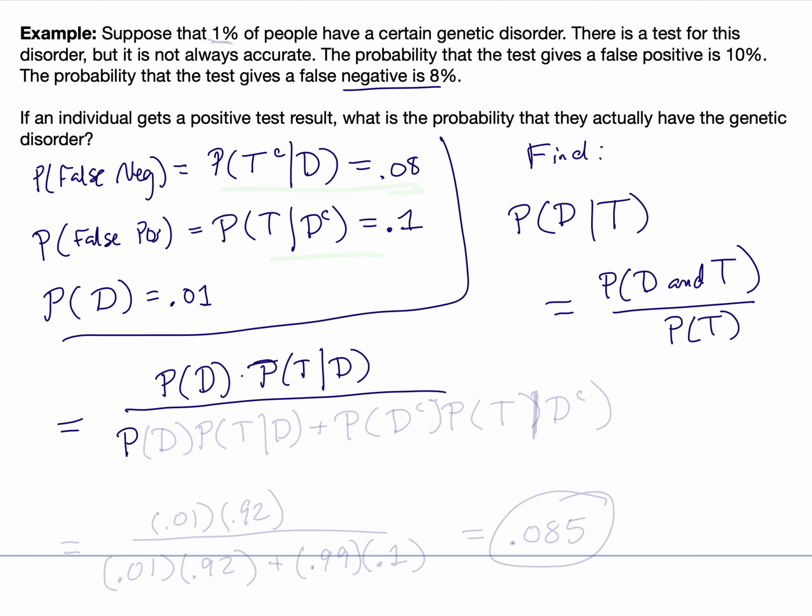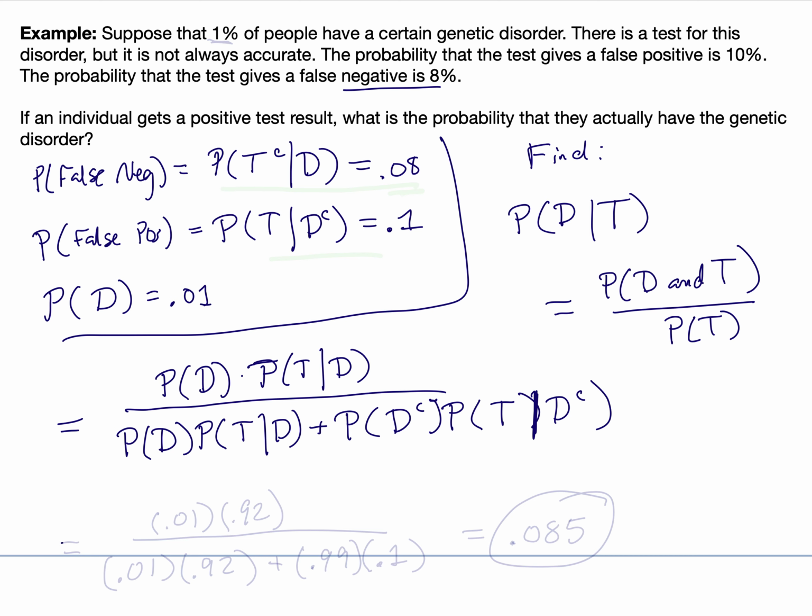Either they have the disorder and they got a positive test result, or they do not have the disorder and they got a positive test result. Those are the two different ways that they could get a positive test result.